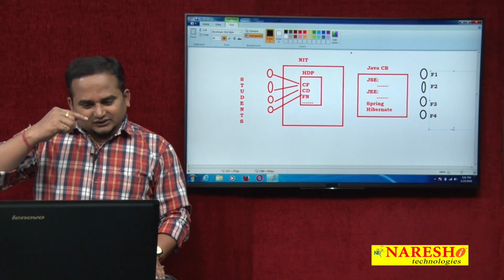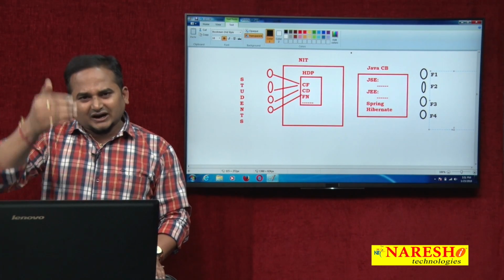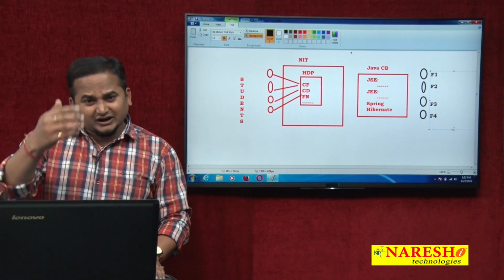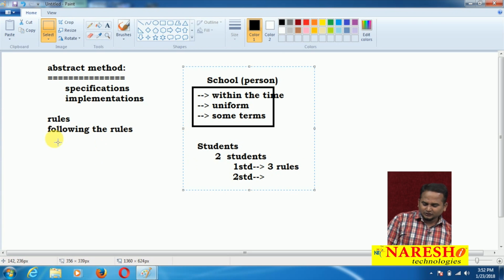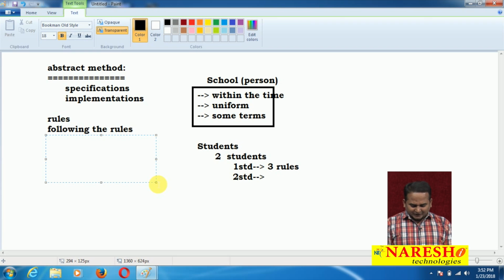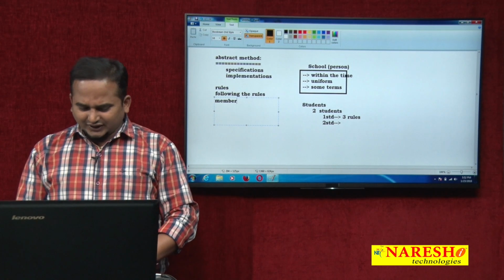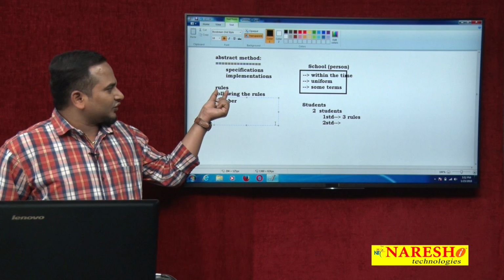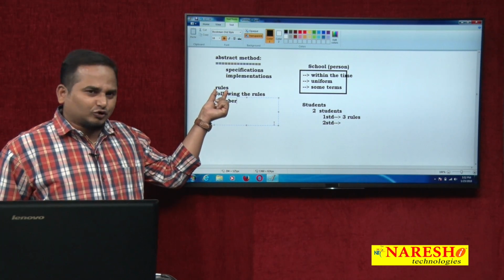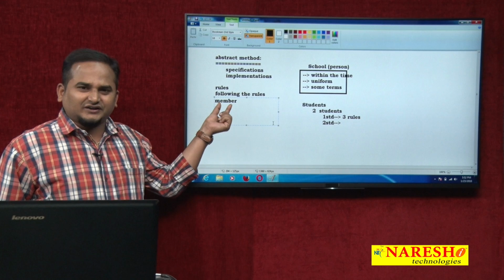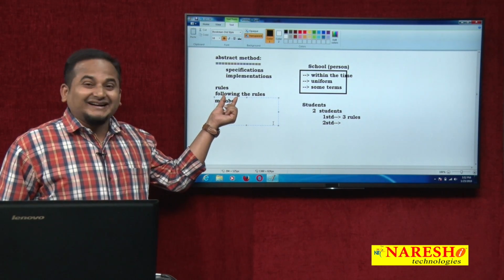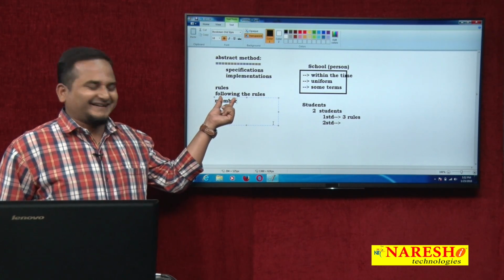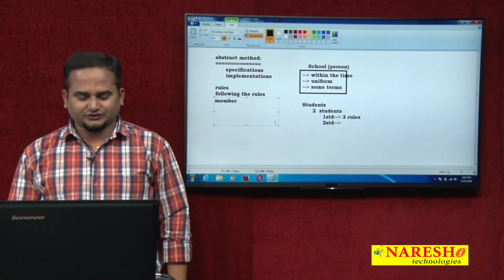Whatever the concept we have in that course brochure, every concept explanation is nothing but following the rule. So, here mainly three terminologies: one is rule, following the rules, and the members following the rules. This is general terminology. Naresh IT provides the rules in the form of a course brochure, and those rules are followed by the faculties. Following means giving some in-depth explanation related to the content, that is nothing but following the rules.